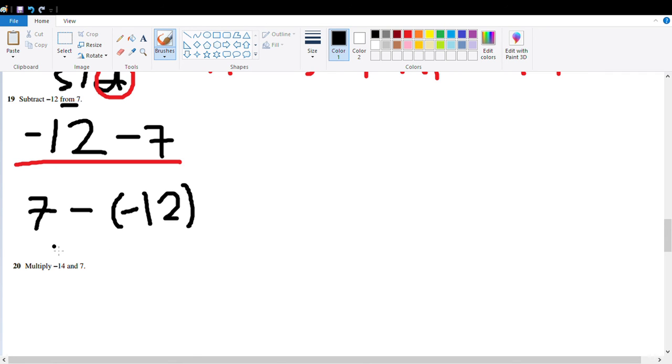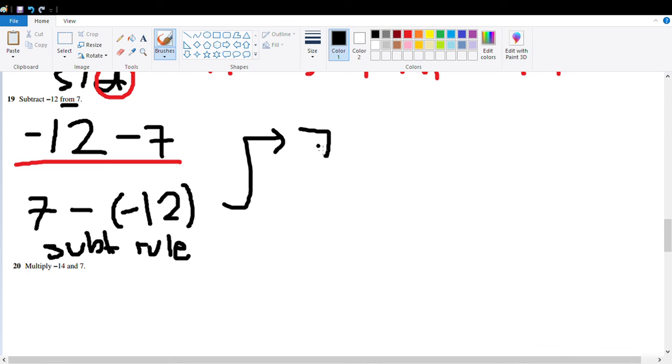And then what we do is basically the subtraction rule. What does the subtraction rule say? We're going to leave the left-hand number as is, change minus to plus.